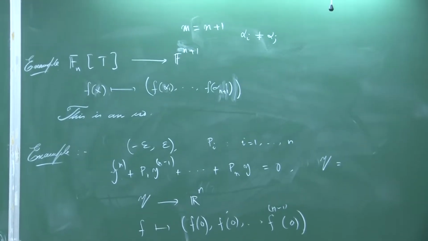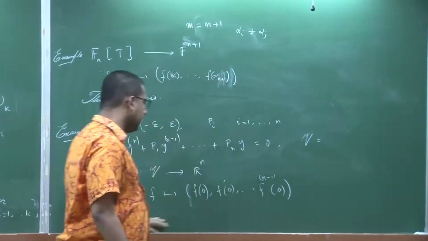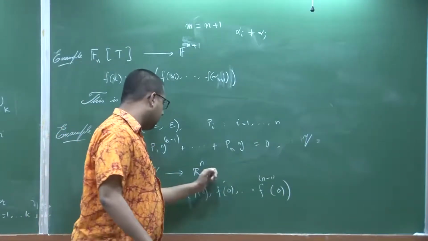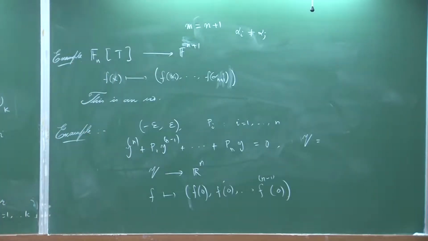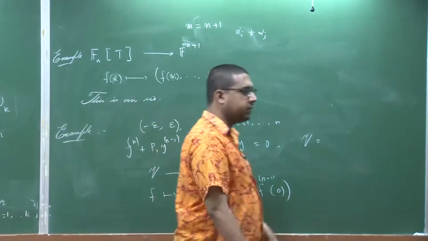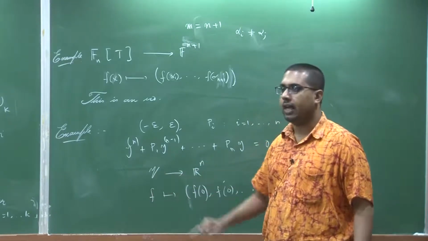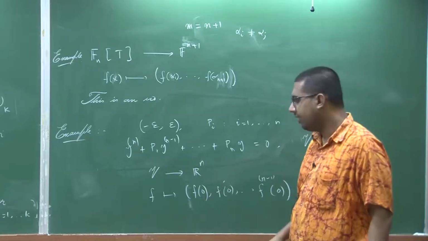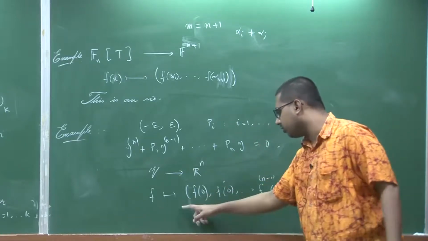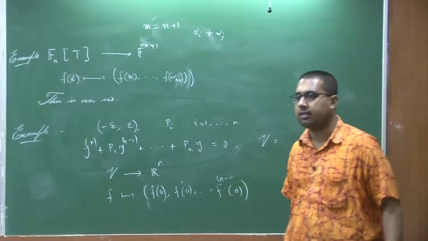Now you can see that this map is a linear transformation from V to R^n, and then using some results from the theory of differential equations, you must have proved that V has dimension n, and also from the uniqueness of solution, this map has a trivial kernel.